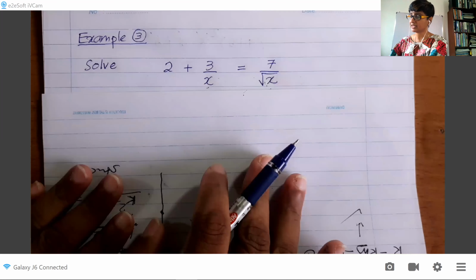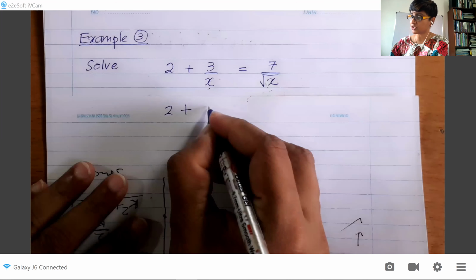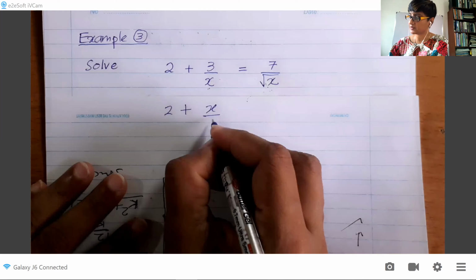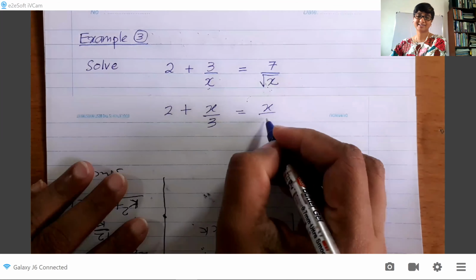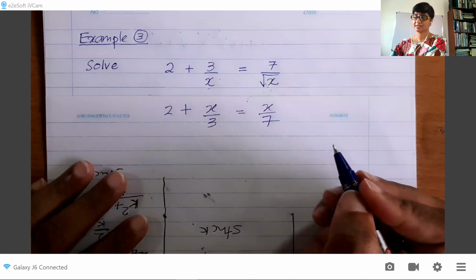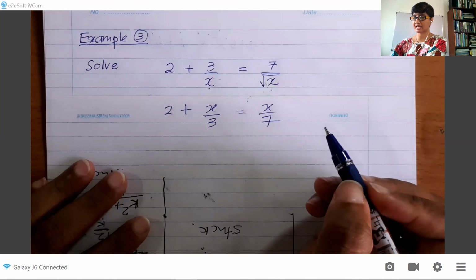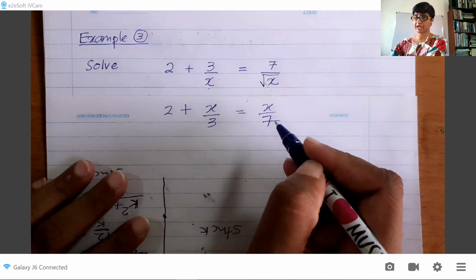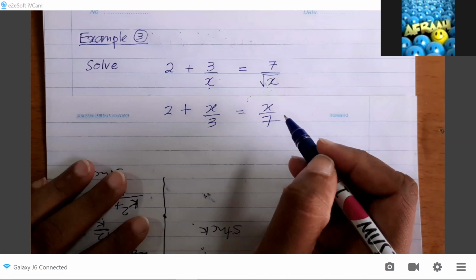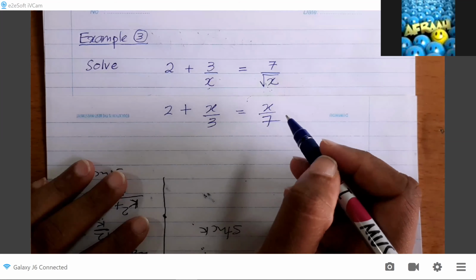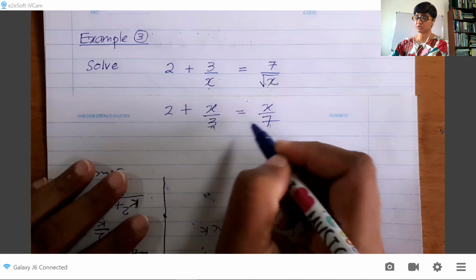It's like, if I show you something with numbers, you will understand. If you had x over 3 equals x over 7, you would multiply the whole equation by what number, so that both 3 and 7 get cancelled and removed? 21. You multiply by the common denominator of 3 and 7.